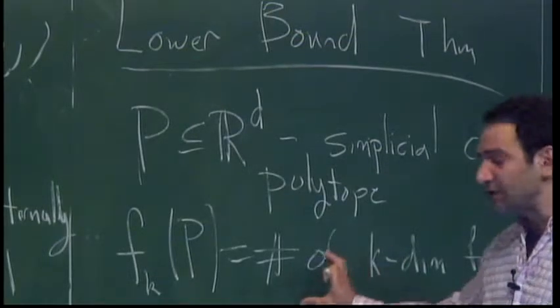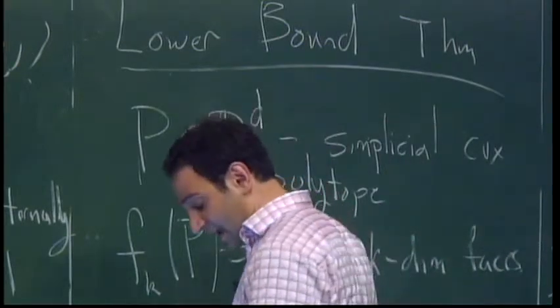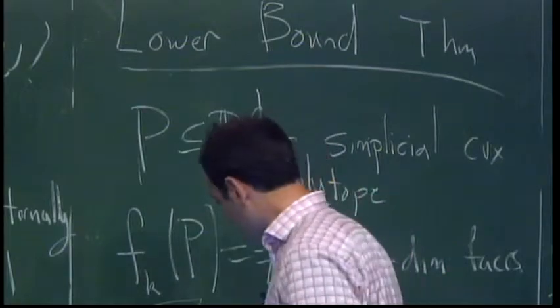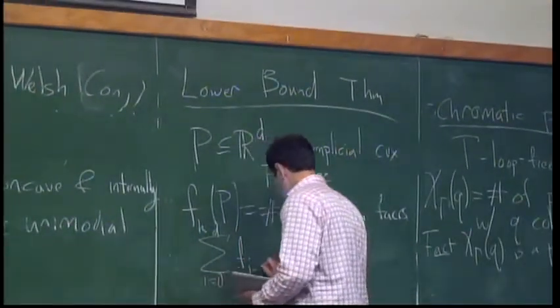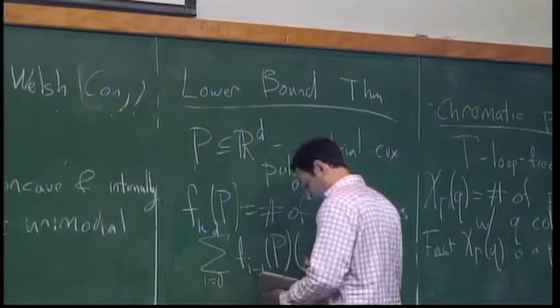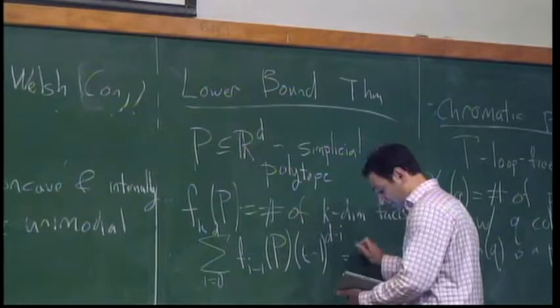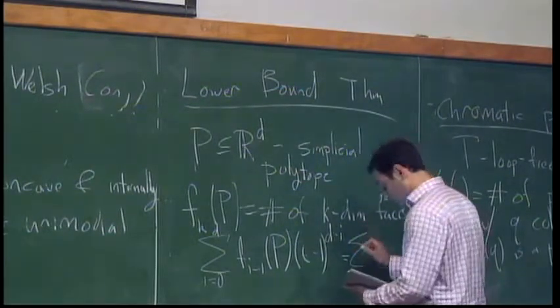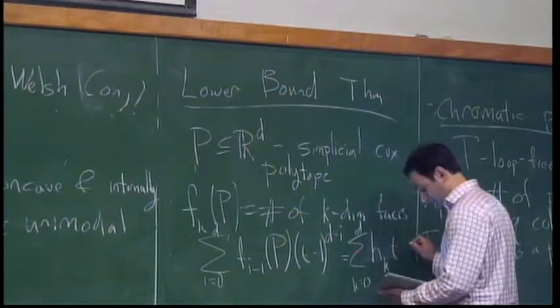So I need to work with a different encoding of the face numbers. So I'm going to define the h numbers. I'm going to take a generating function for the face numbers, and do a linear change of variables to produce the h numbers.